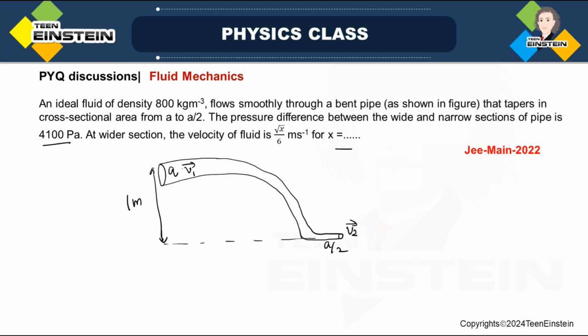So the density is given, that is very fine. First of all, we have to find out the relation between v1 and v2. Okay, so equation of continuity. First we have to use the equation of continuity.